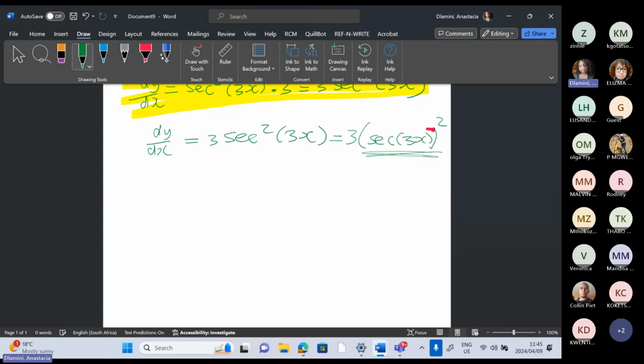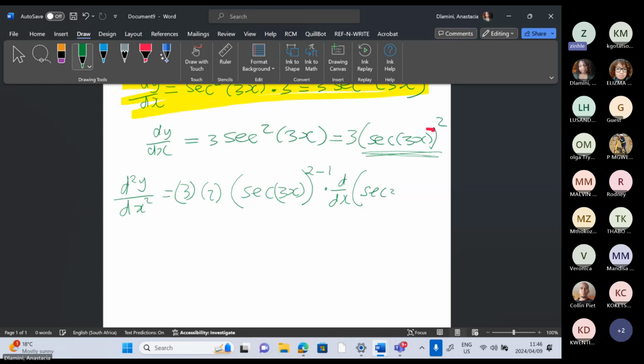So we know that the second derivative of y is equal to 3 times the 2, the outside function, because we're using the chain rule, times sec of 3x to the power 2 minus 1, now times the derivative of this sec 3x. Do you see that?